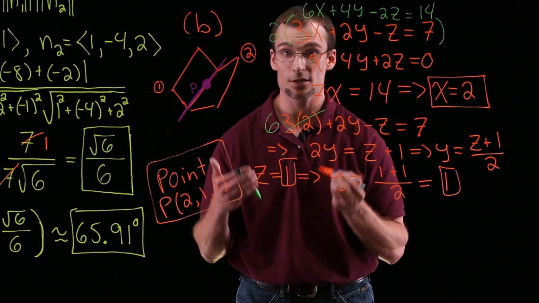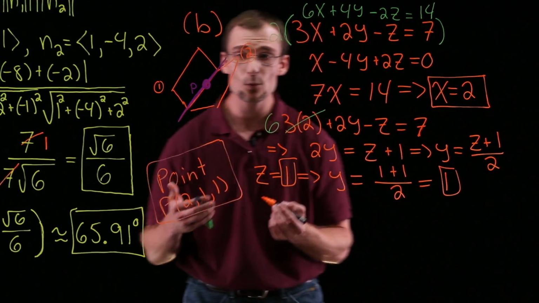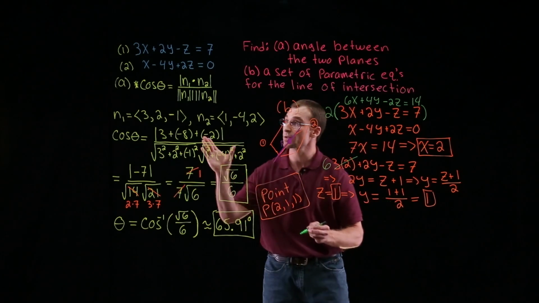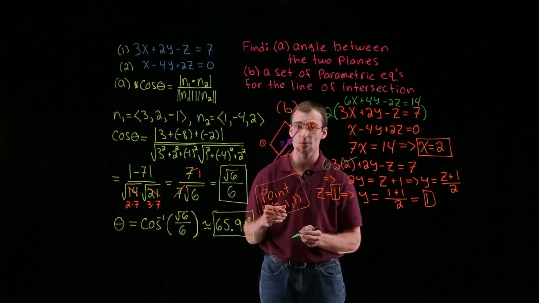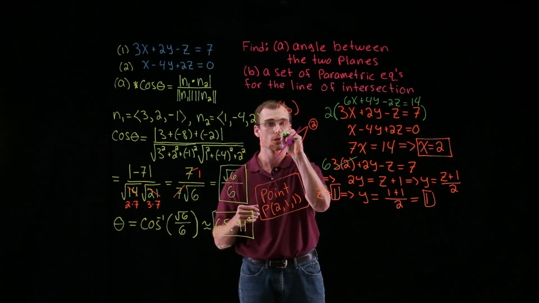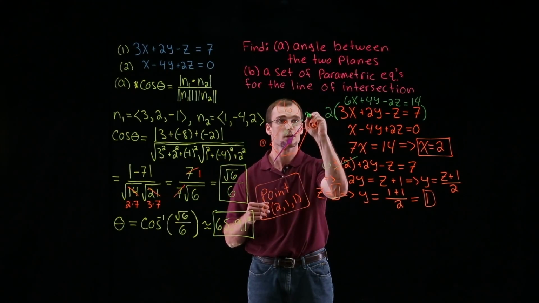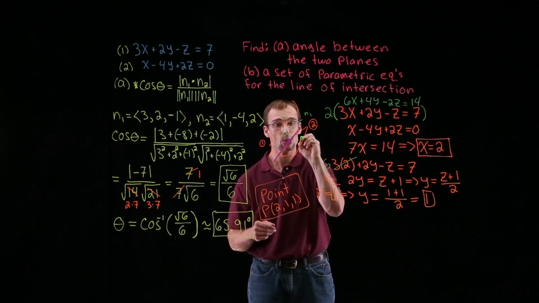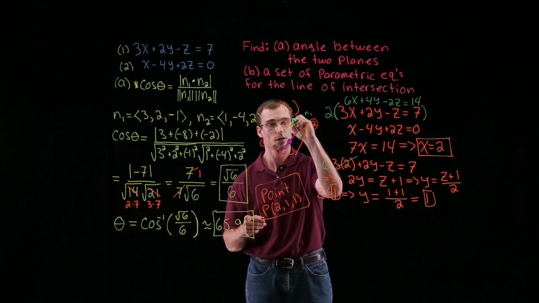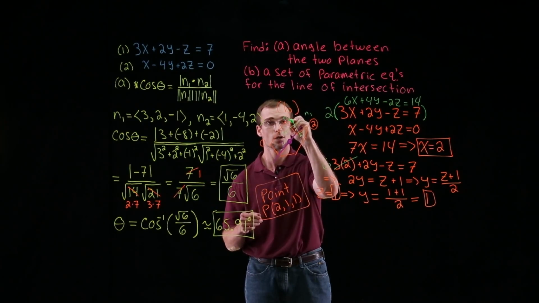The next thing we need is a direction vector that's parallel to that line. How can we find that? Going back to part A, we have these two normal vectors: a vector n1 that is perpendicular to plane 1, and a vector n2 which is perpendicular to plane 2.